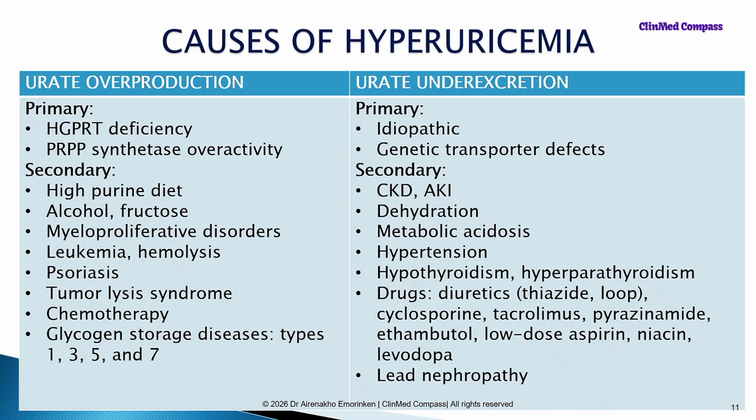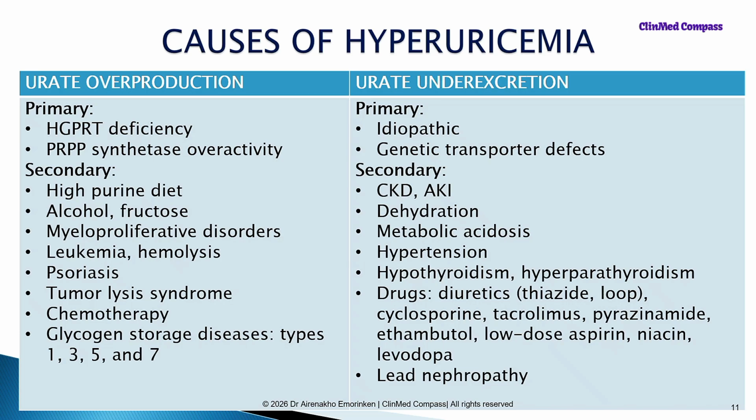On the right, causes of uric acid under-excretion. Primary forms could be idiopathic or uric acid genetic transporter defects. Secondary includes chronic kidney disease, acute kidney injury, dehydration, metabolic acidosis, hypertension, endocrine disorders like hypothyroidism, hyperparathyroidism, and importantly, medications like diuretics, cyclosporine, tacrolimus, pyrazinamide, ethambutol, and others.